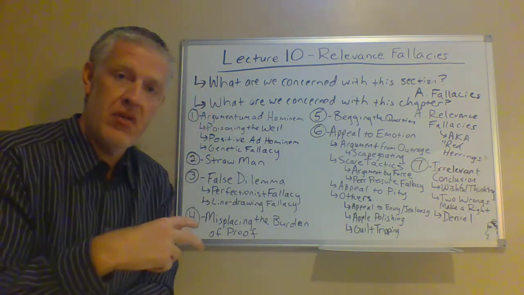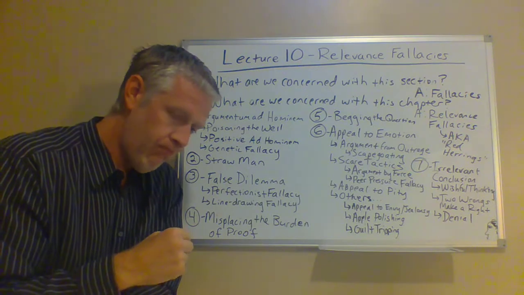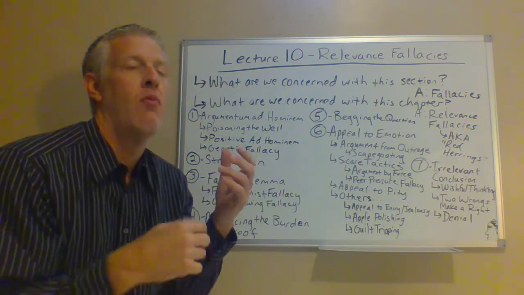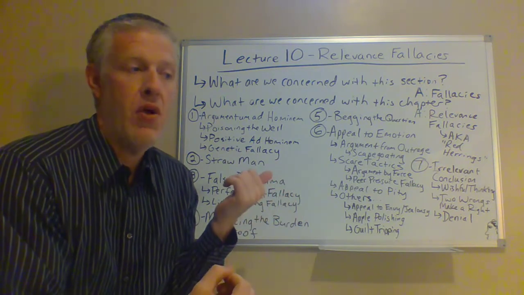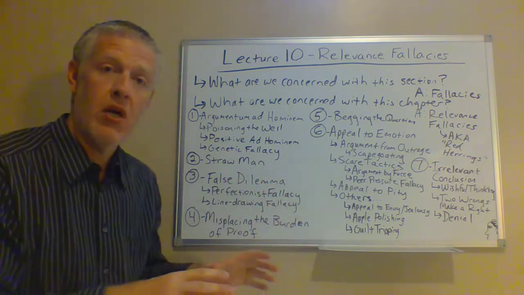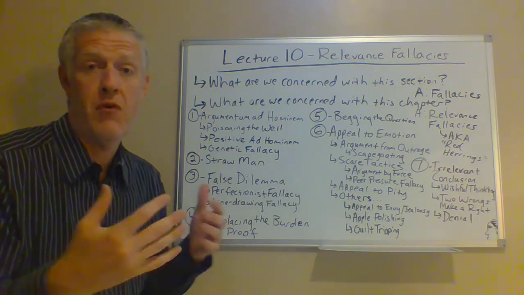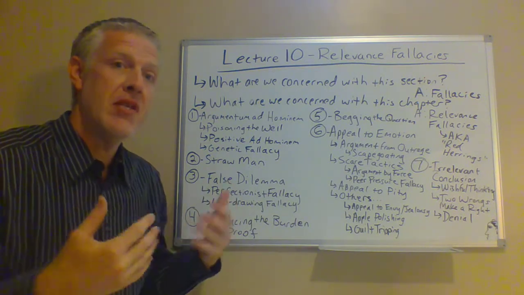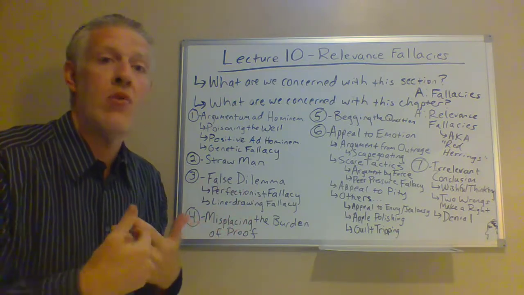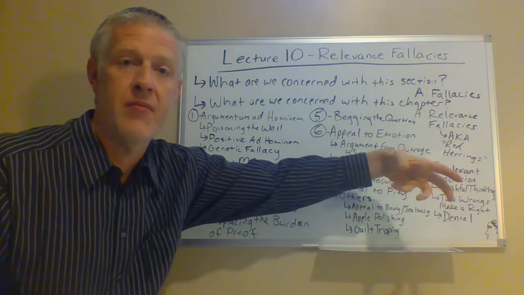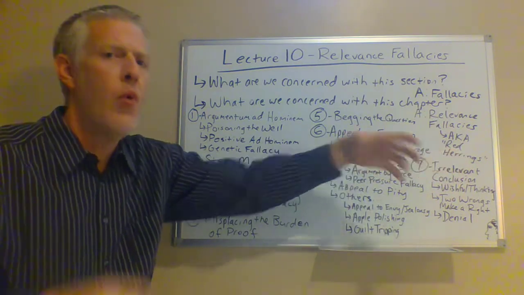So in the previous lecture, all those devices, the person employing them wasn't suggesting that they were actually offering an argument. Well, here in all these cases, the ones we'll go through henceforth in this fourth and final section, the person is suggesting that they're offering an argument, or that they're refuting what someone else is saying from a logical perspective, when in fact they're not.